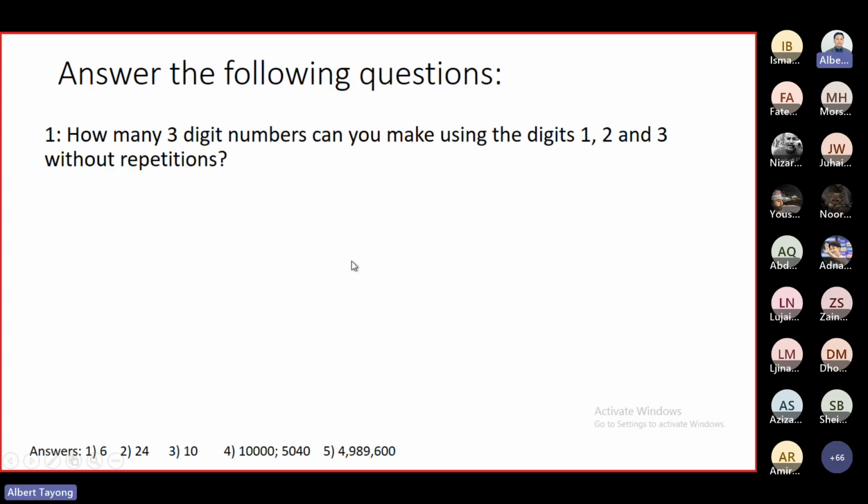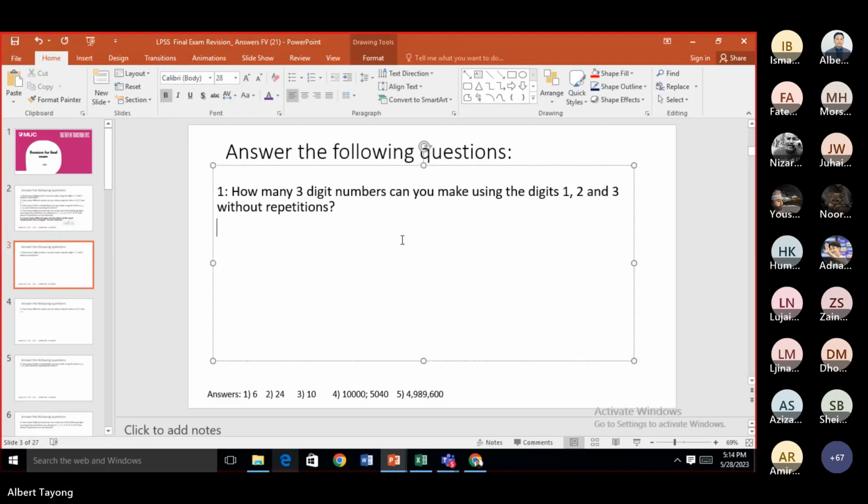In this example, it is very easy to solve because we have only 3 numbers. Our n is equal to 3, and our r is also equal to 3, because we are going to use all of these digits given here, 1, 2, and 3.